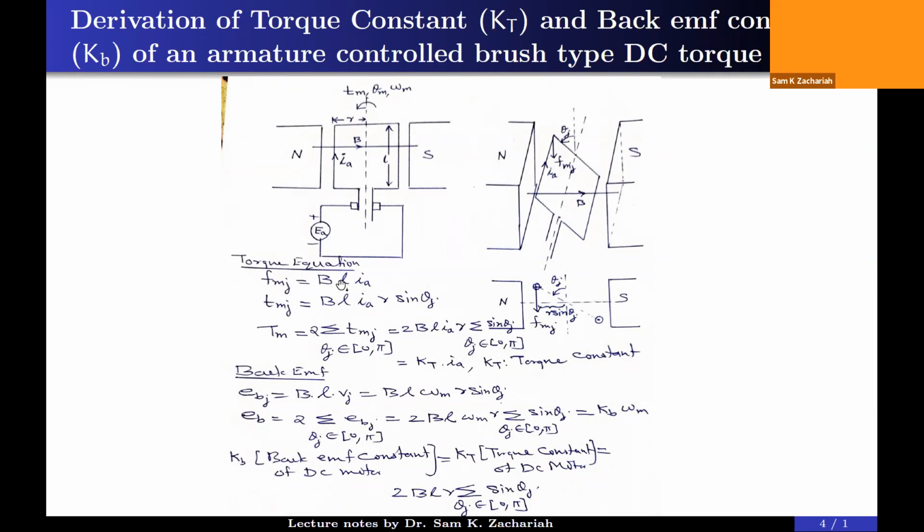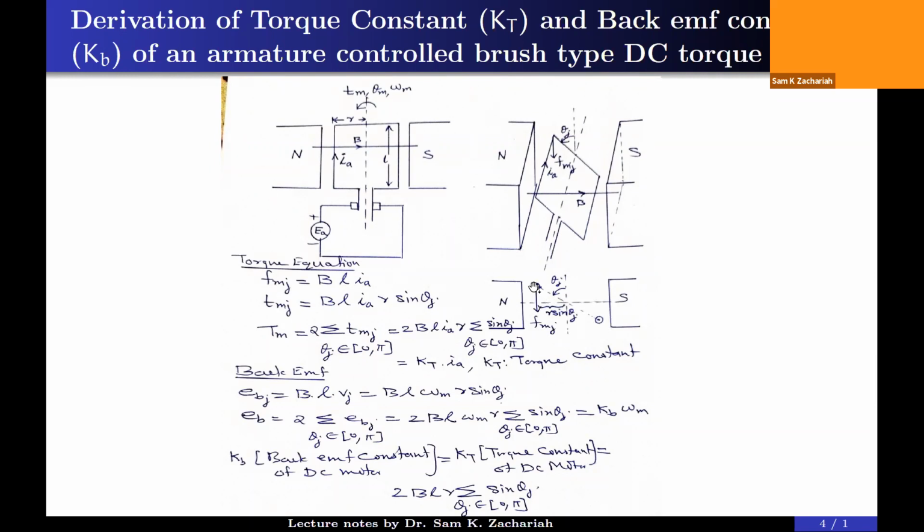This is the force equation. And this force will produce a torque about this axis. How you will get it, you can see from this diagram. FMJ is acting downwards. The same thing is seen from the front view, and this axis is represented by a dot.